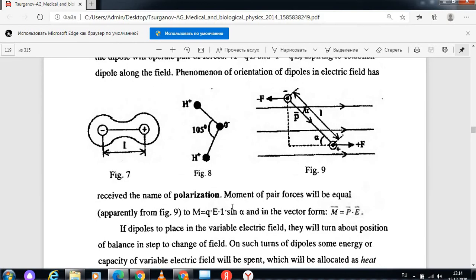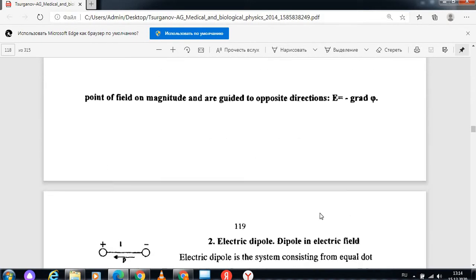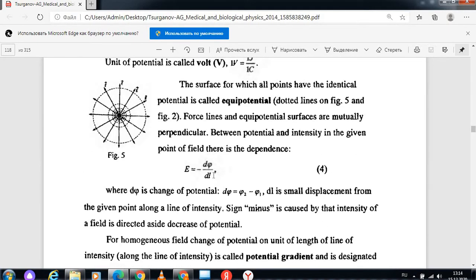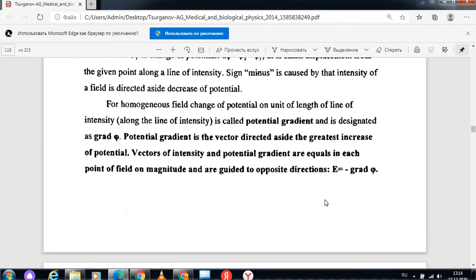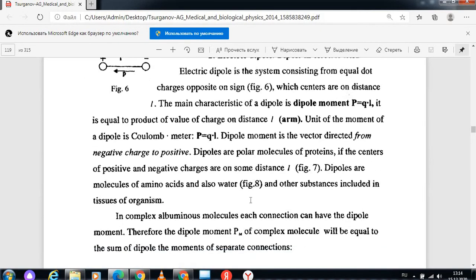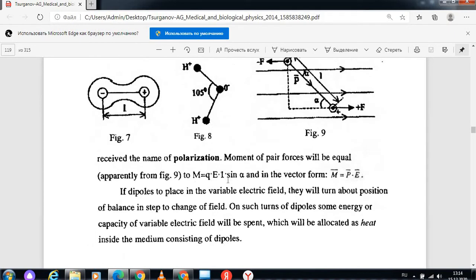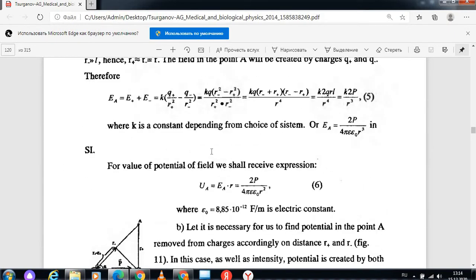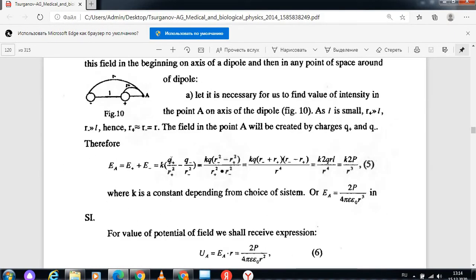Yes, let us explain our E again. Here is our E vector, and it's a gradient here, and we will fill this formula with the explanation of what it means.